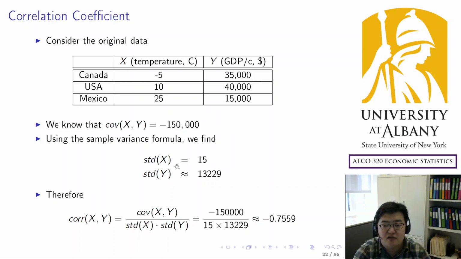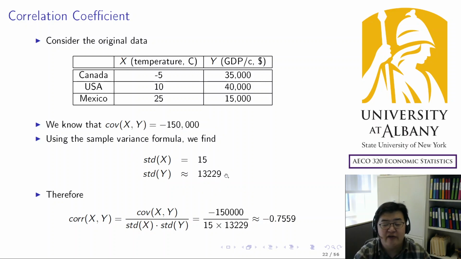And then the standard deviation of x, if you calculate, I'm going to skip that. If you calculate the standard deviation of x, it is 15. And the standard deviation of y is a strange number, 13,000 something.